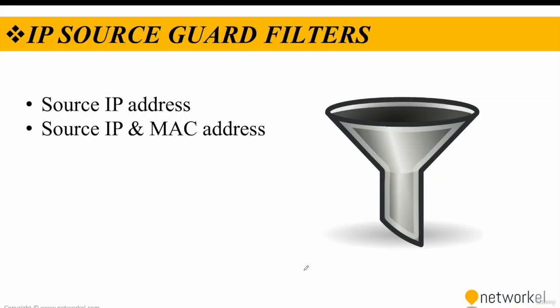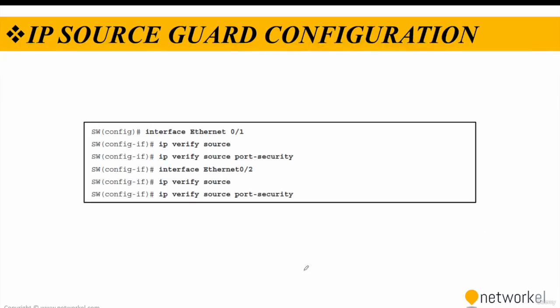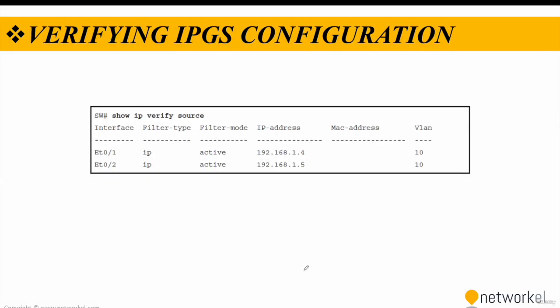Here IP traffic is filtered based on the IP and MAC address of the source, so only addresses that match the addresses in the IP and MAC source binding lists are allowed. The configuration for IP source guard is very straightforward. You go into the interface mode and type ip verify source and ip verify source port-security. If you just want to verify this configuration, the command is show ip verify source. It will show you all of the bindings.